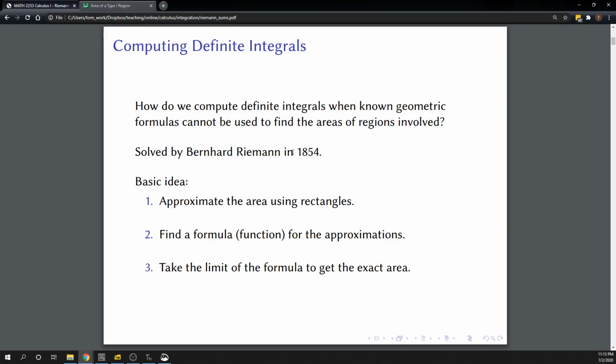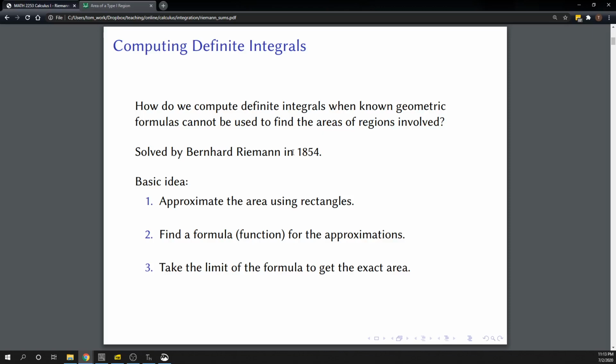This idea was published in 1854 by Riemann, and so that's what we're going to take a look at. His basic idea is to approximate the area using rectangles. Rectangles are simple to calculate the area of. It's just length times width, right?